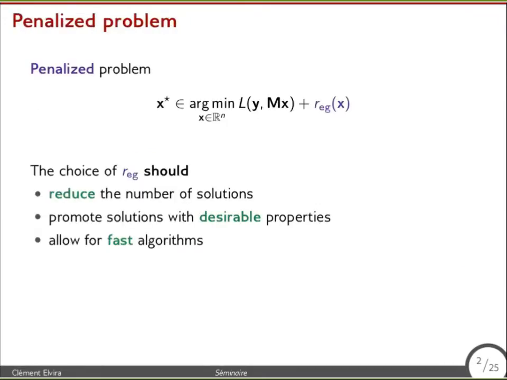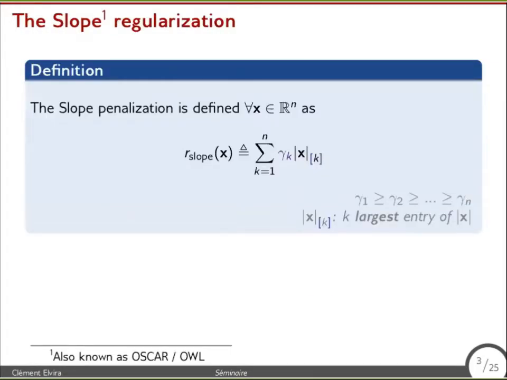A common strategy is to consider an additional additive penalty term, a regularization term that promotes desirable properties. Here I will be interested in a regularization that promotes sparsity without being detrimental to the design of efficient and fast algorithms. So here comes the slope problem.